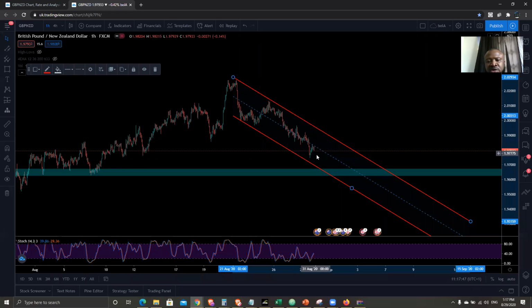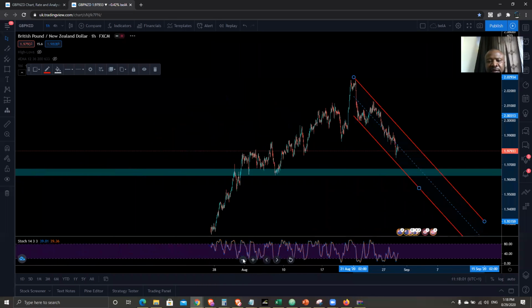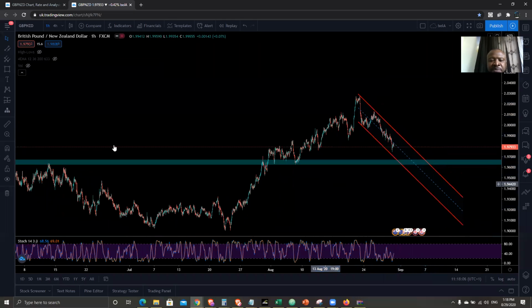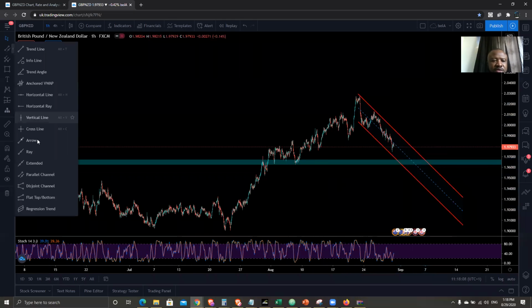So if this guy continues to roll itself down, this is an impulsive move, this is correction, and then we find this continuous roll down. If this guy continues to roll itself down to this level, then most probably that's the level where I want to act. And then I'm looking at a Fibonacci that I place against that level at a 50% level.